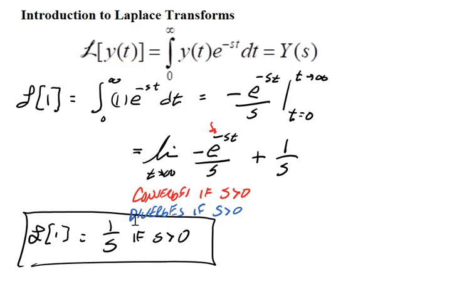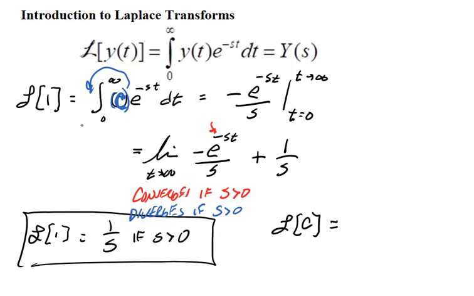So just looking at this same thing, we can come up with a generality, right? Meaning we could take the Laplace transform of any constant. Because of the properties of integrals, if I just put in a constant instead of 1 here, then we can just move the constant in front of the integral.